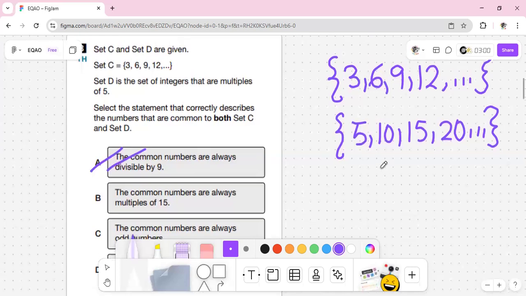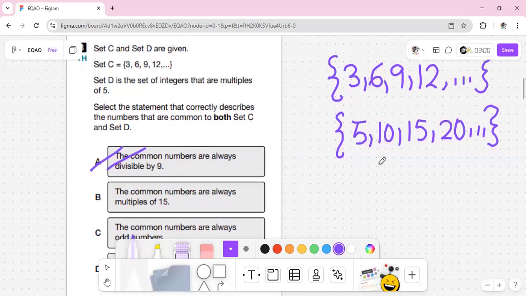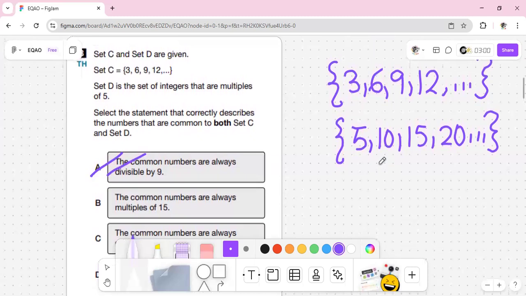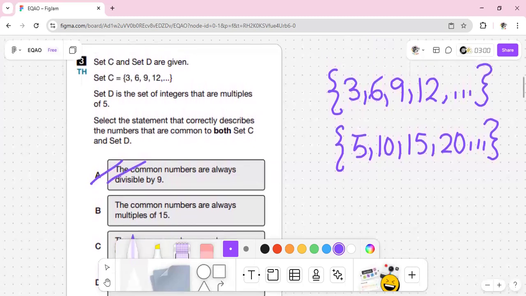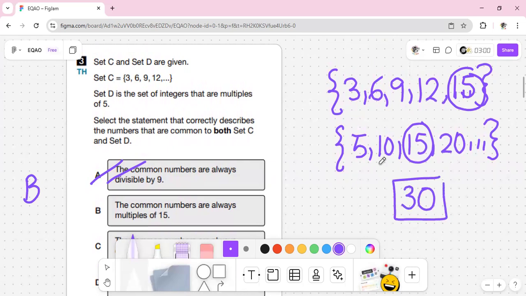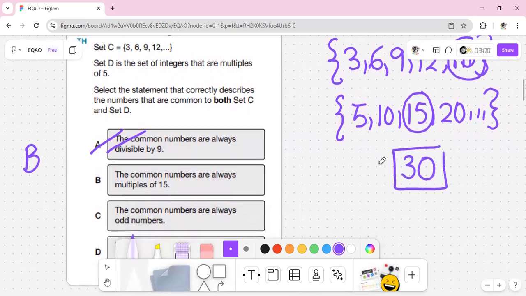I also know the common numbers are always odd numbers. Well, one number they would have in common, if I continued the 3 times table, would be 15. And we see here the common numbers are always multiples of 15. When we go further, you will notice another common multiple will be 30. That is also a multiple of 15.